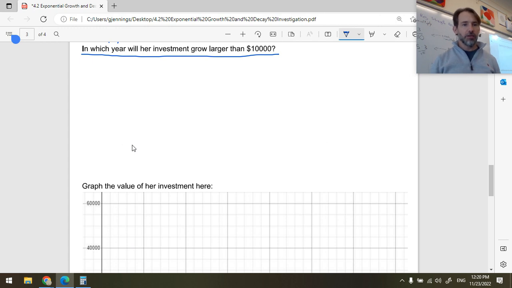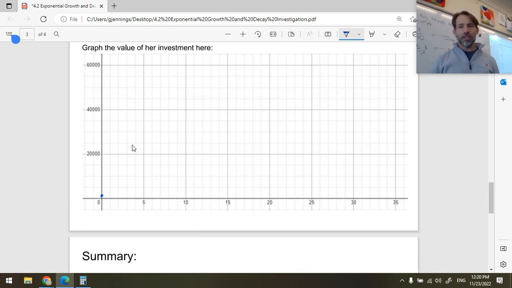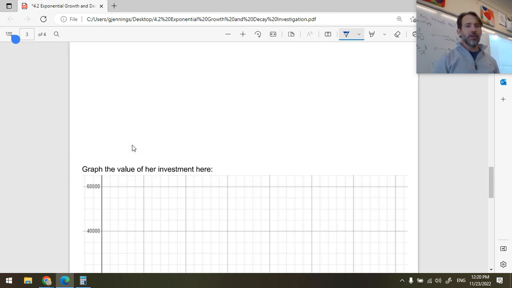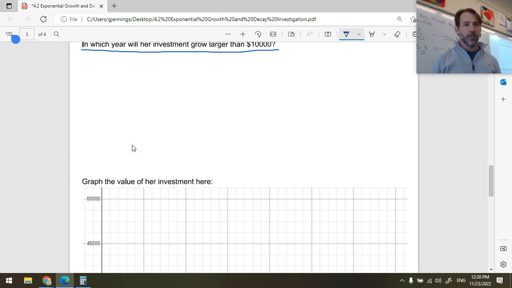And in this table of values, I'm kind of giving you a hint here that we want to look up to about 35. So let's take a look at these values for different values of time and the amount of money that she will have. I would not recommend looking at 0, 1, 2, 3, 4, 5. You don't need that much detail.